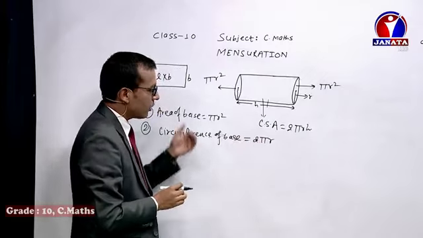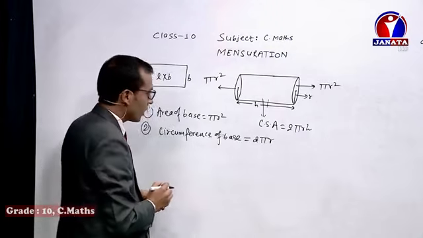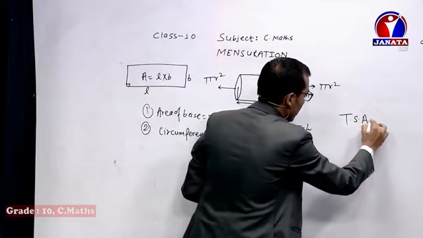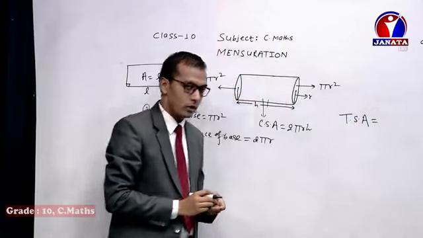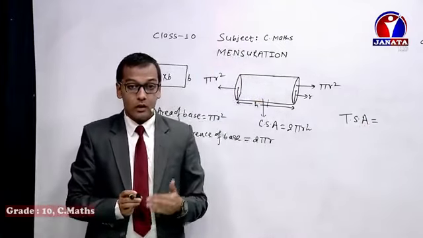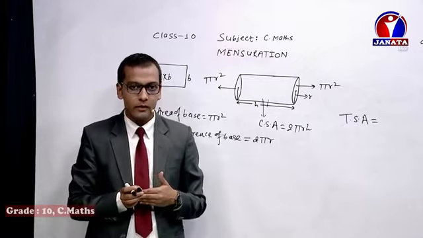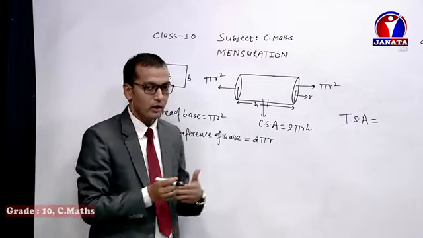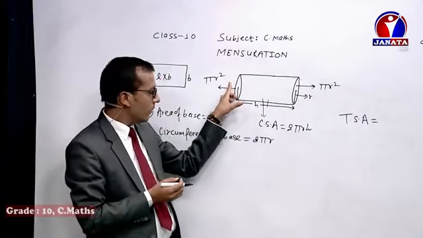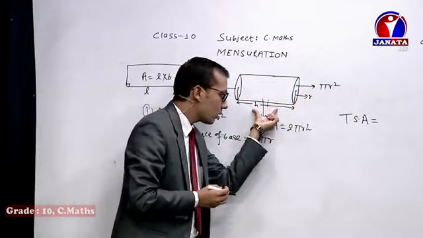Similarly, now let me talk about how we calculate total surface area, TSA in short. What is total surface area? The total surface area of this solid is the sum of the areas of all the surfaces. I mean the area of two circular faces, first end and second end, and the area of the curved surface.